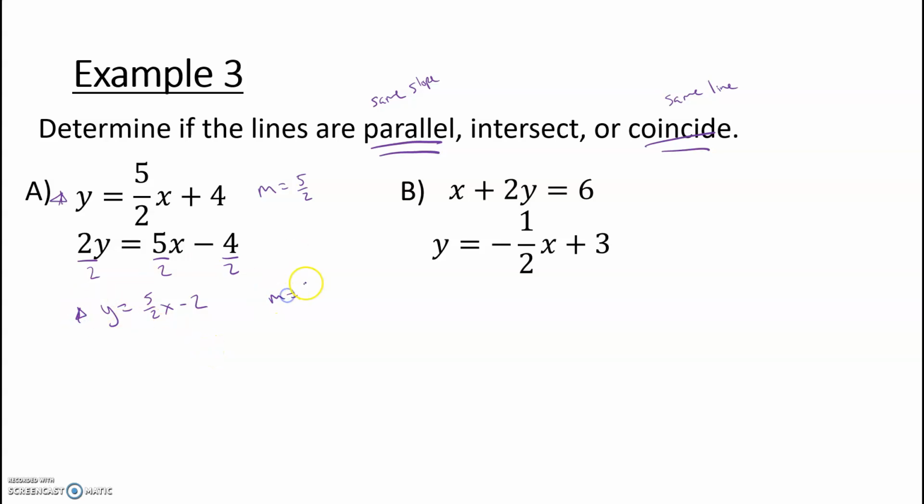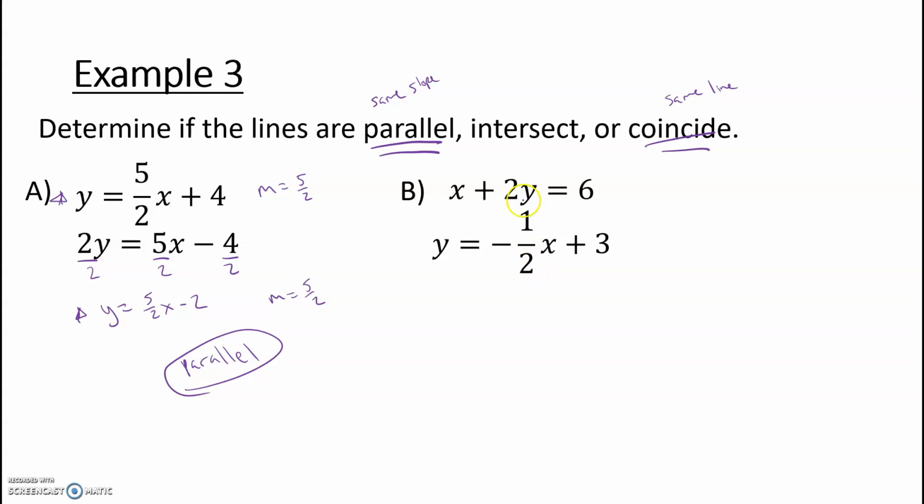So notice here my slope is 5/2 as well, so those would be parallel lines, because they have the same slope. Again, the difference between parallel and coinciding would be the same exact line. This would have to be y equals 5/2 x plus 4.